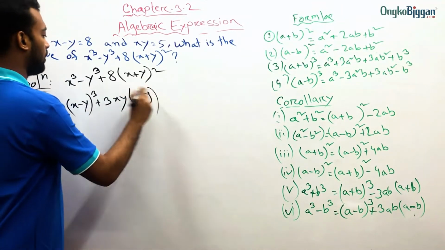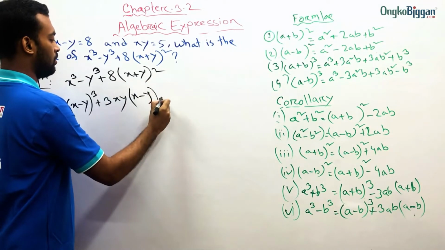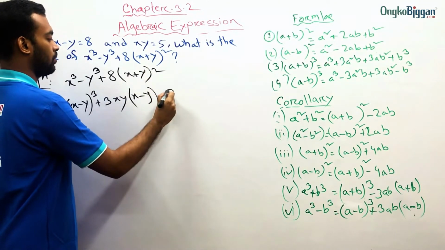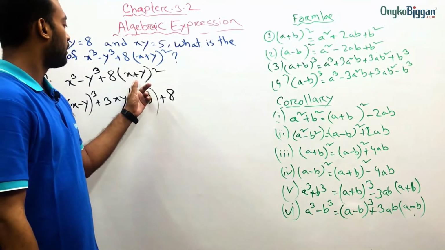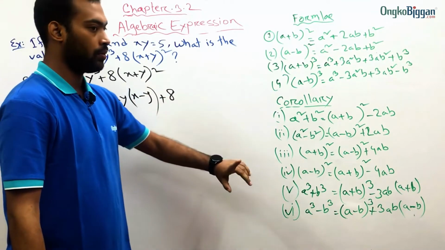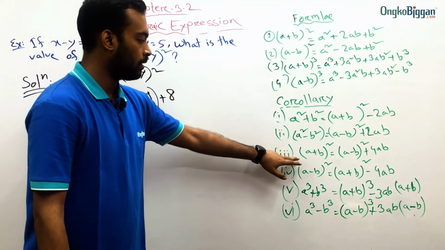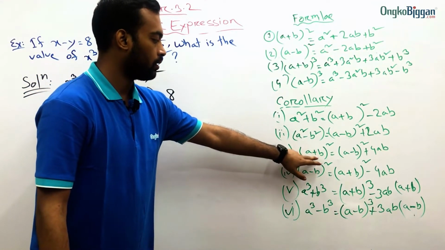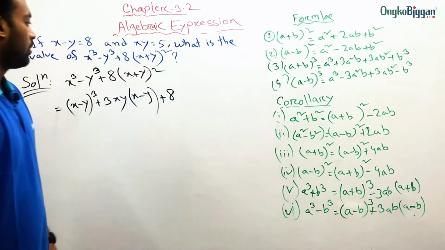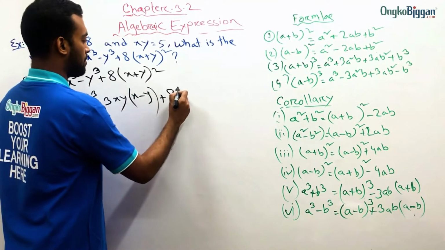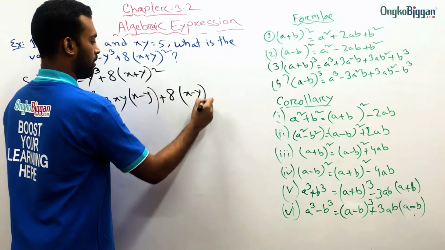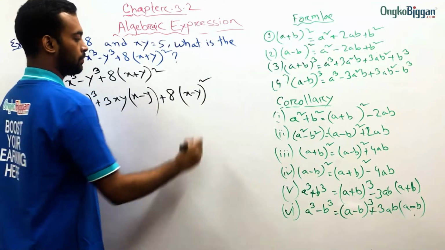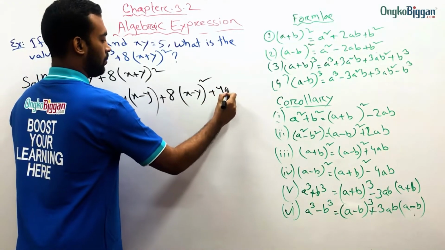And this portion is for the square, so what can we use? For (x plus y) whole square, we must use the corollary over here, the (a plus b) whole square one. So it would be (x minus y) whole square plus 4ab.